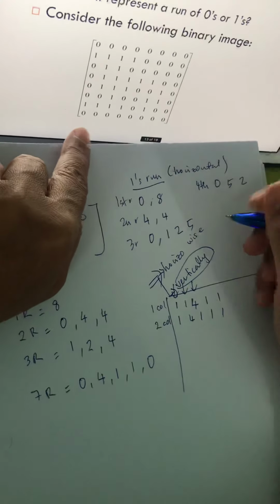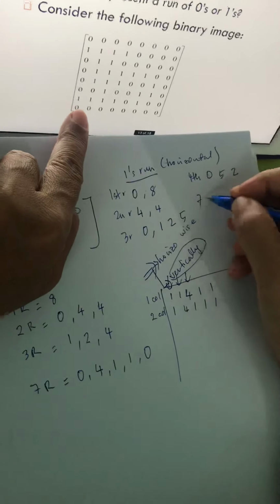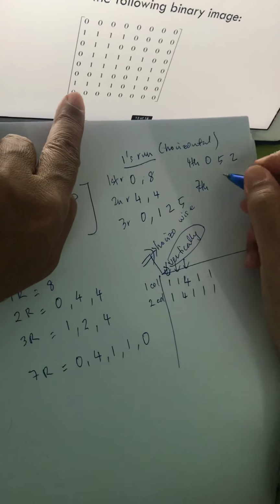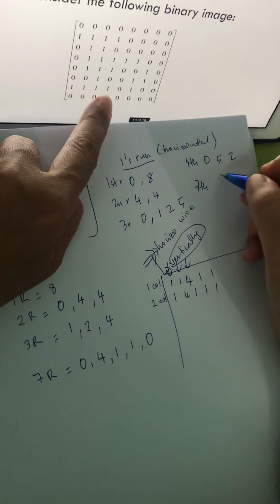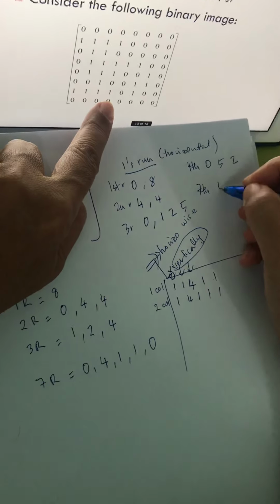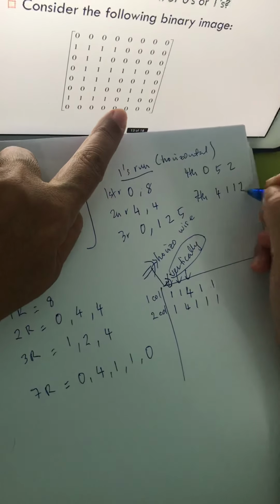And the last one, the seventh row, it started with 1. Then you just count it as 4, 1, 1, 2.